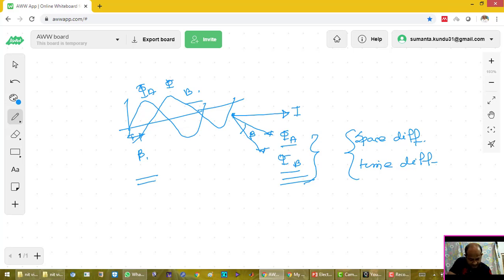Thus in the air gap there are two fluxes with a time phase difference and a space phase difference. The interaction of these two fluxes will develop a rotating magnetic field, as we have seen in the concept of production of rotating magnetic field.